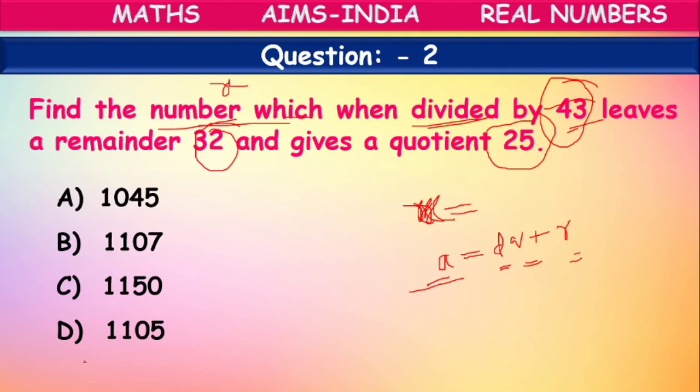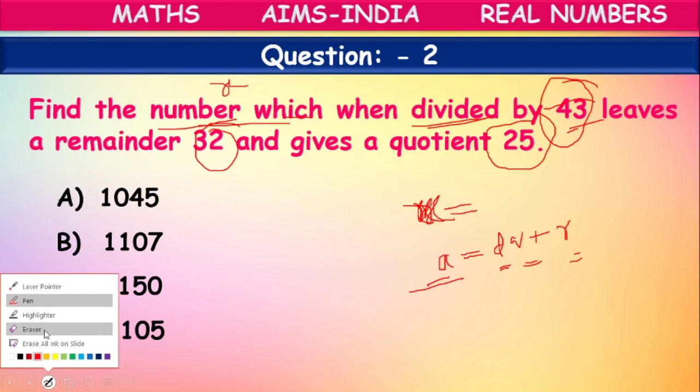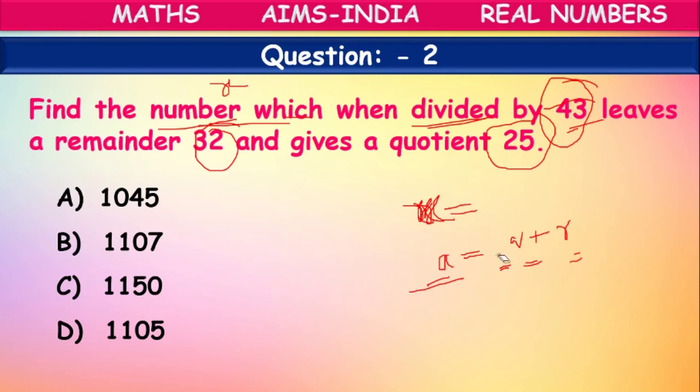Or sometimes we write A equals BQ plus R, where A is the dividend, B is the divisor, Q is the quotient, R is the remainder.